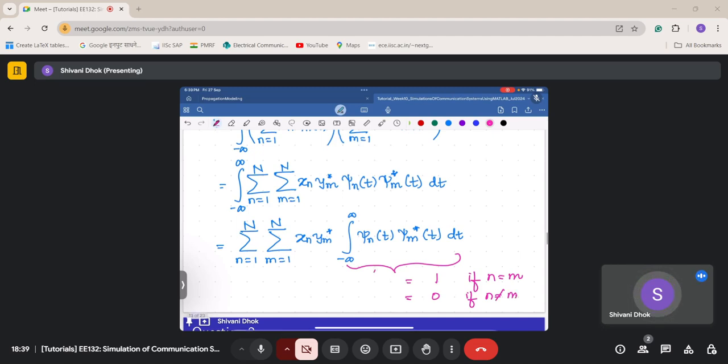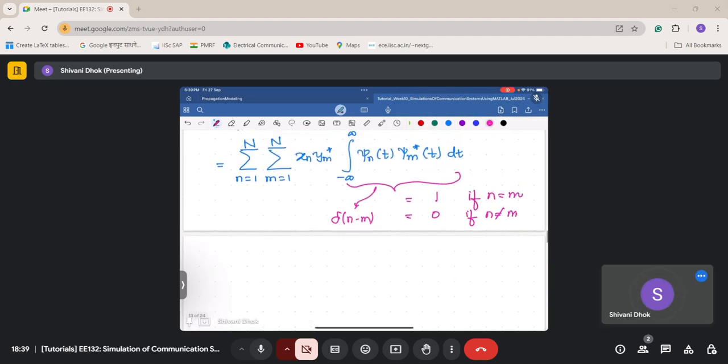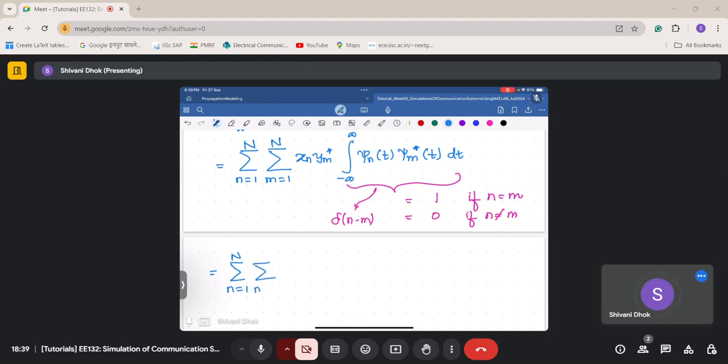So therefore we can write this as delta of n minus m. So we can write this as summation n equal to 1 to N summation m equal to 1 to N x_n y_m conjugate into delta of n minus m.